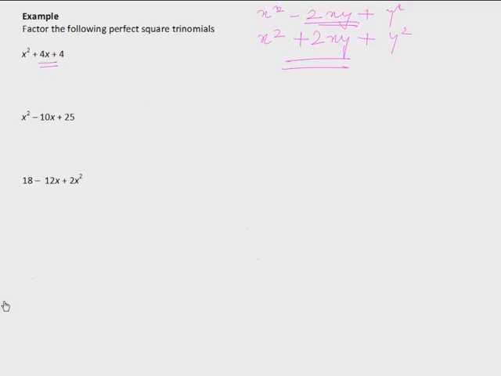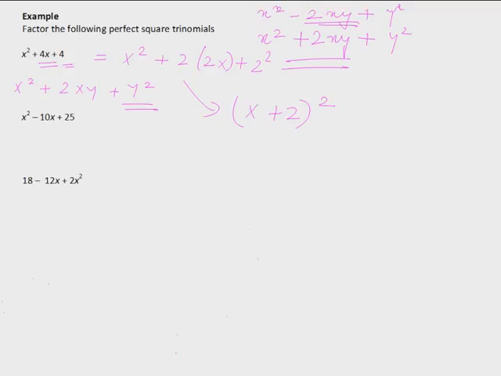We want to express this in the form x squared plus 2xy plus y squared. So that tells me that the constant term 4 is y squared. Let's see if it works. So I can write this as x squared plus 2 into 2x plus 2 squared, which is (x plus 2) the whole square.